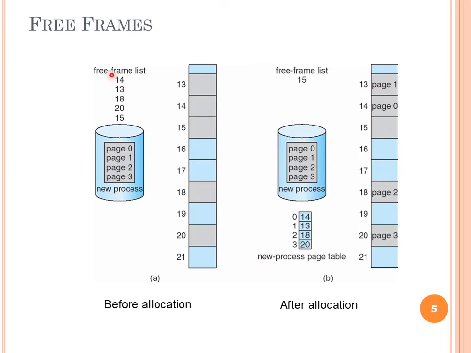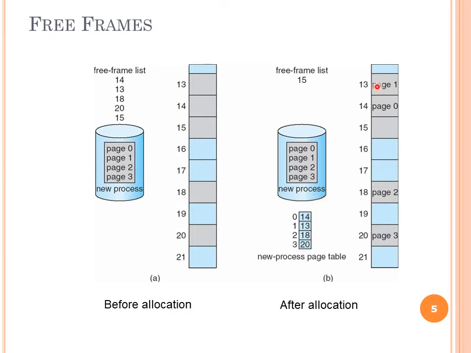Here we can see the status of frames before allocation and after allocation. A new process has arrived with 4 pages, 0, 1, 2, 3, and these are the free frame list. For this, the frames are to be allocated using the page table mentioned here. Page 0 is mapped to frame number 14, 1 is mapped to 13, 2 is mapped to 18, and 3 is mapped to 20.